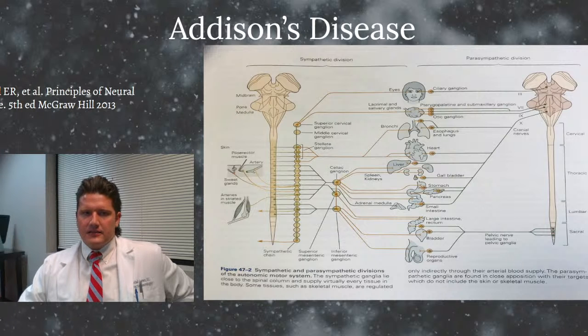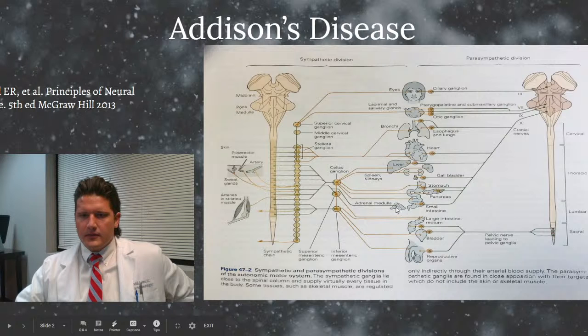Because Addison's is a disease of the adrenal gland, the most common cause of primary adrenal insufficiency, we probably want to understand how the adrenal glands work and what parts of our brain and body communicate with them. As you can see in this diagram, this is the adrenal gland. Here they're labeling the adrenal medulla because that's what receives direct sympathetic innervation. And so we'll pause there.